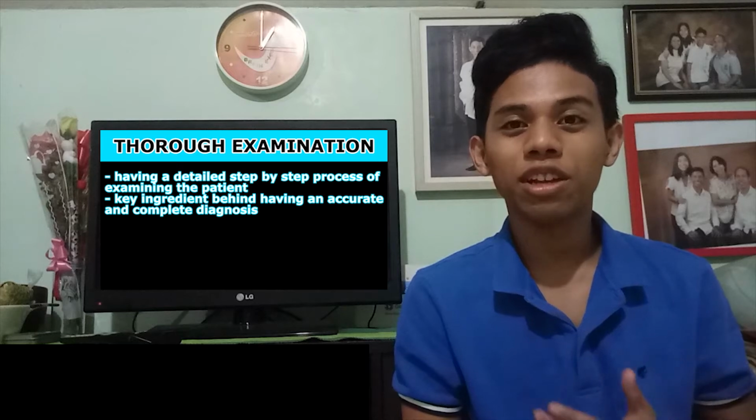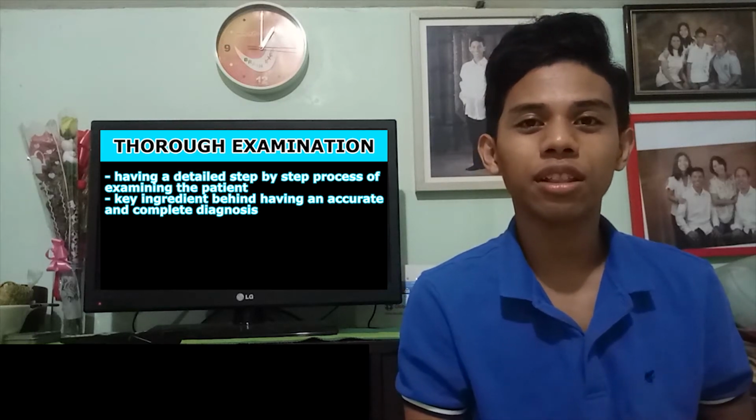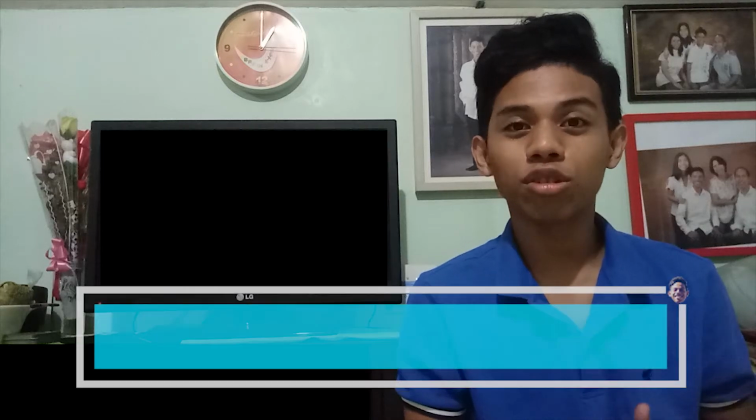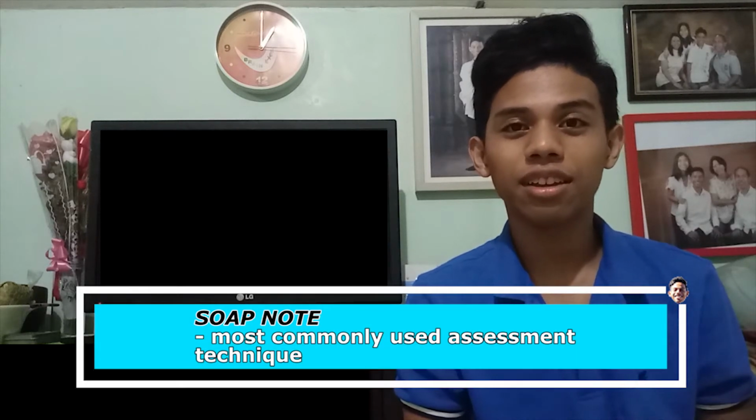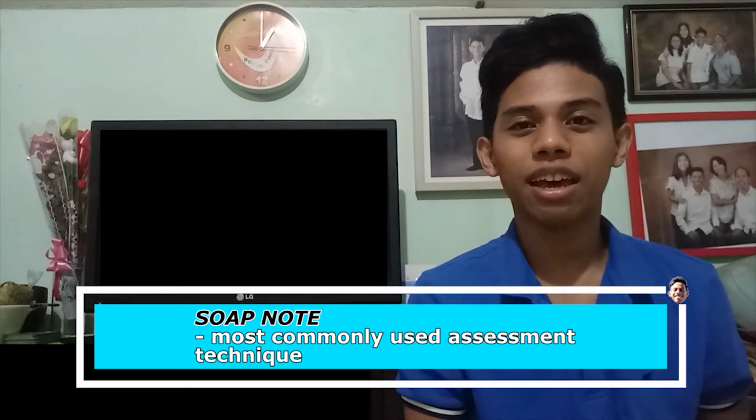You see, proper and complete assessment is the key ingredient in having an accurate diagnosis. And the most commonly used assessment technique is the problem-oriented technique, or what we call the SOAP note. S for subjective, O for objective, A for assessment, and P for plan of care.